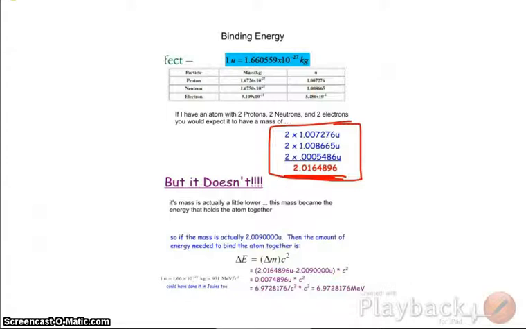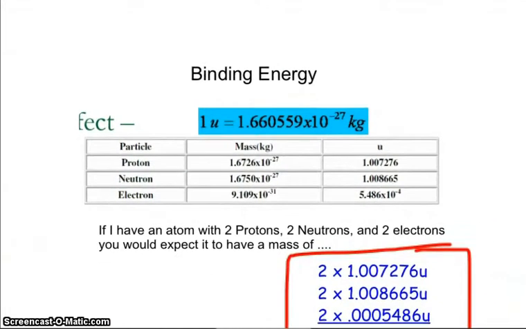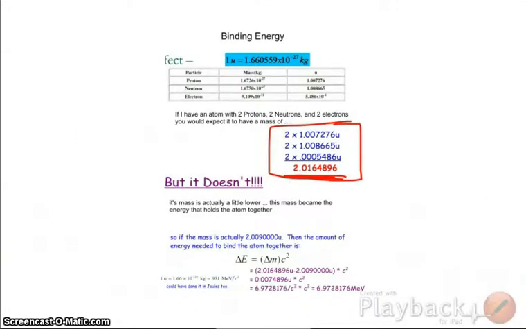These numbers are constants. This is the accepted mass of protons, neutrons, and electrons in atomic mass units, and I'm dealing with atomic mass units right now. You would expect, if you put all those together into an atom, they would have this mass right here. But it doesn't. And that's where people said, oh my, that's interesting. The mass is actually a little bit lower.